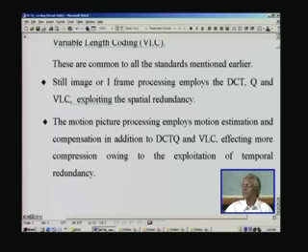So DCTQ VLC all put together accomplishes this task of spotting redundancy in the spatial domain of the picture, removing it, and retaining only that which is required as far as the information is concerned.